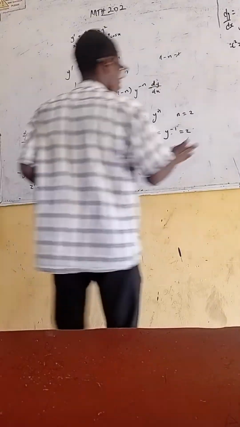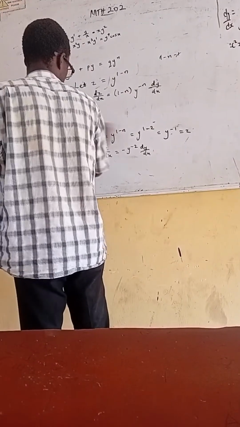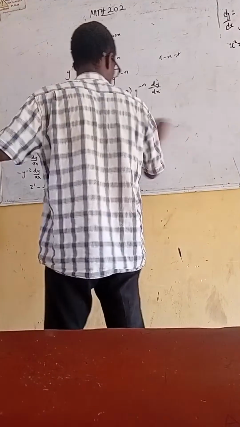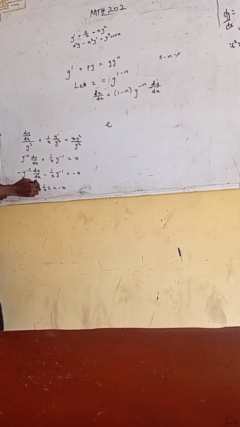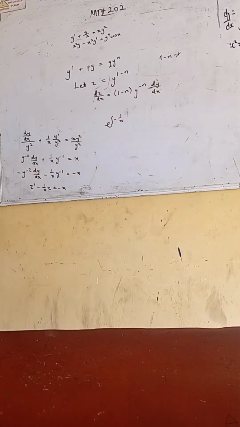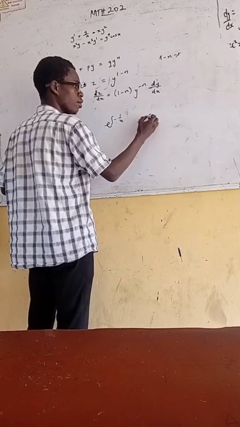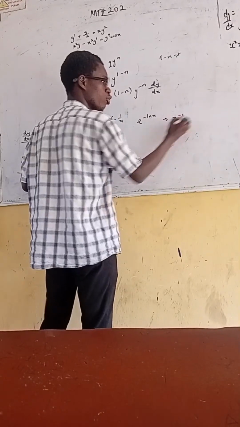So let's finish this up. Please, if you don't understand, let me know. I'm still going to use e raised to power the integral of minus 1 over x, which is e raised to power minus ln x, which is x minus 1.